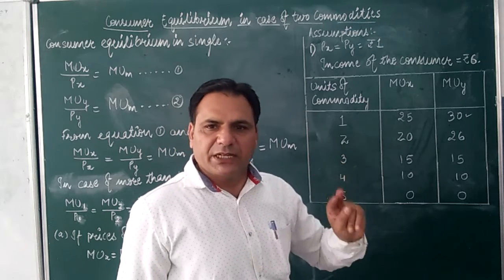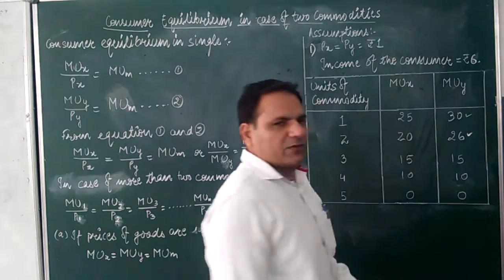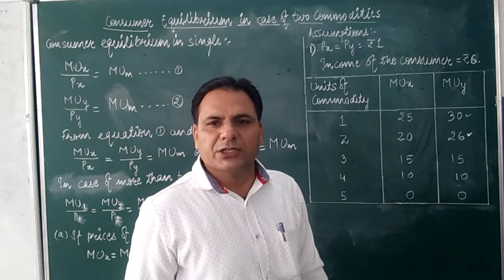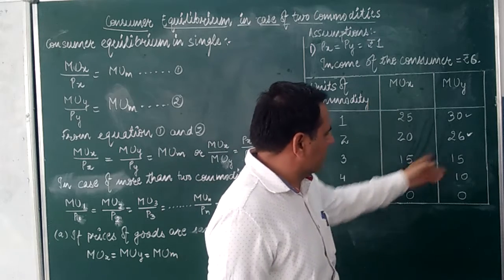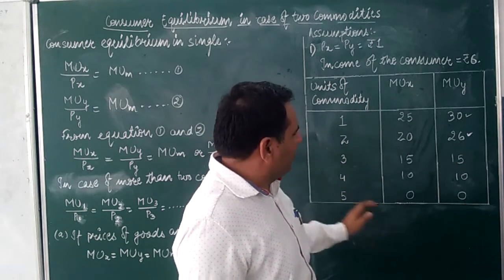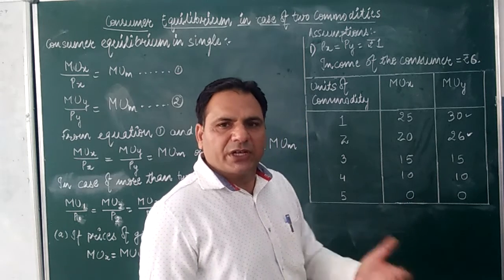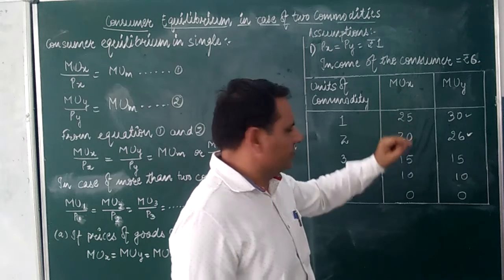He will spend second rupee on commodity y as well, because here too the consumer is getting 26, which is second highest.